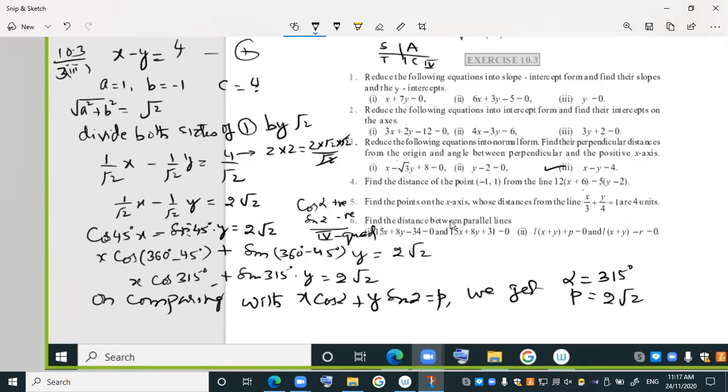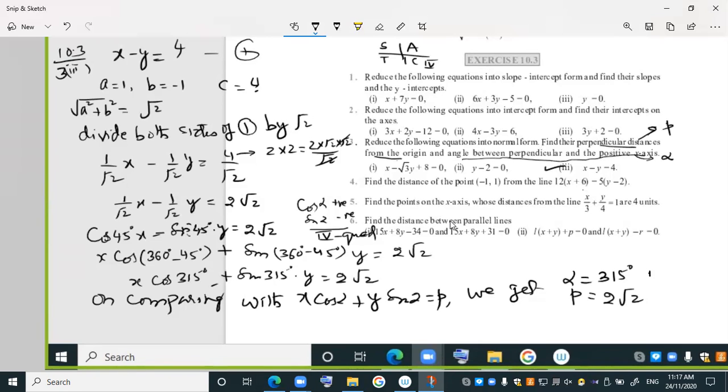Whenever you are not getting both positive on the left side, you have to convert like this, then you can compare it to get the value of alpha. And I told you what alpha and p are. P is the perpendicular distance from the origin, small p, and the angle between the perpendicular and the positive direction of x-axis is alpha.